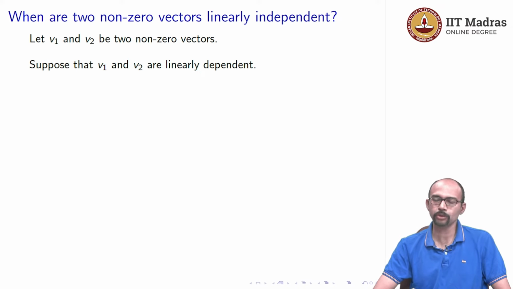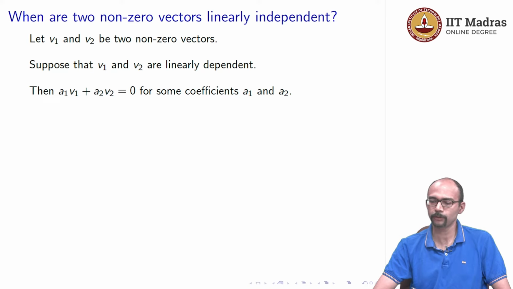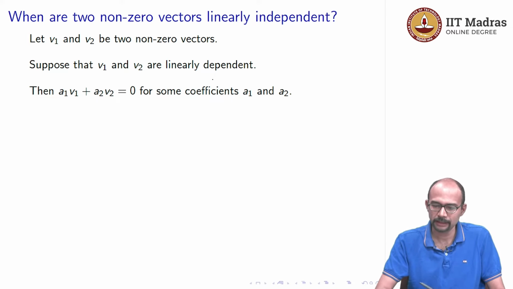Okay. So, suppose v1 and v2 are linearly dependent. Okay. So, we want to study when they are linearly independent. Instead, we will study when they are linearly dependent, and from there we will conclude when they are linearly independent. So, suppose v1 and v2 are linearly dependent, that means a1 v1 plus a2 v2 is 0 for some coefficients a1 and a2, where at least one of them is non-zero, right.